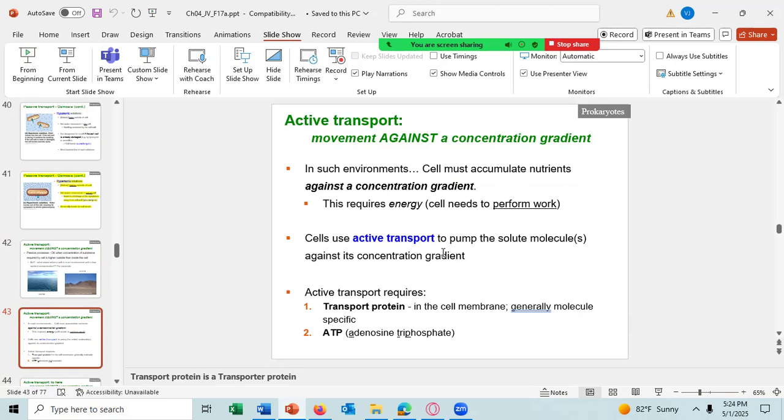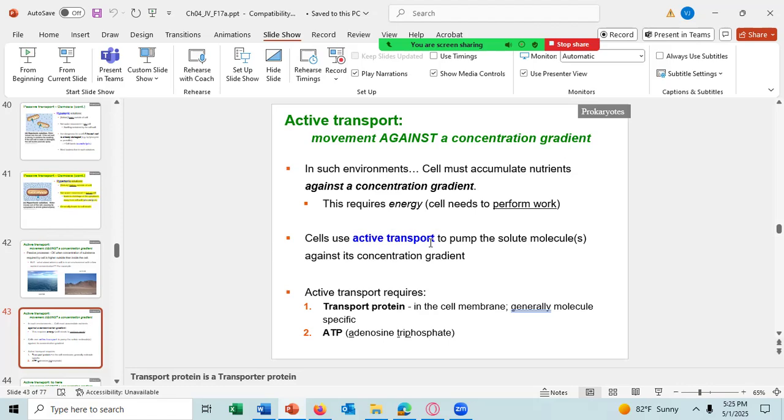To move a substance or a molecule against its concentration gradient requires the cell to spend energy. It takes work to move the molecule against its concentration gradient. The cell has to have an active transport protein to pump the solute molecule through the cell membrane against its concentration gradient.